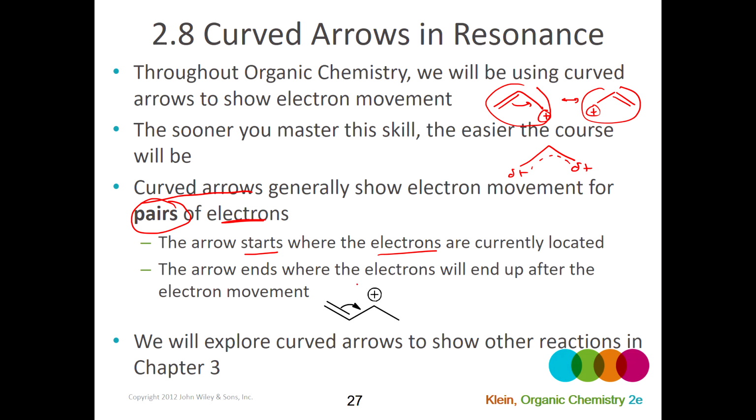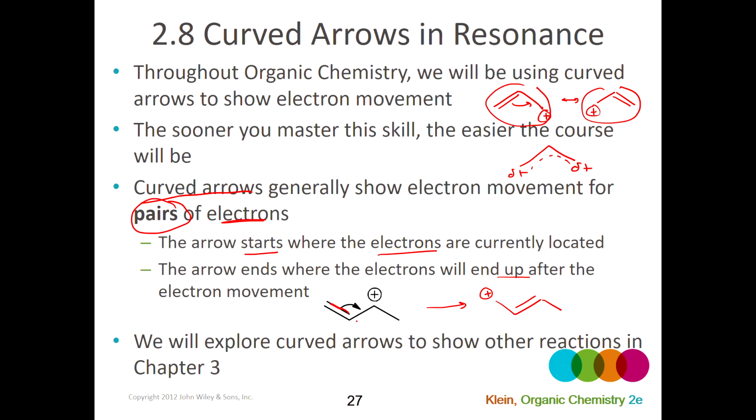So we always start with our structure, and then we draw the arrow to show how that structure is going to change into the new structure. The arrow starts on a pair of electrons, and it points to the location where the electrons will end up. So this arrow here is showing these electrons moving over to here.